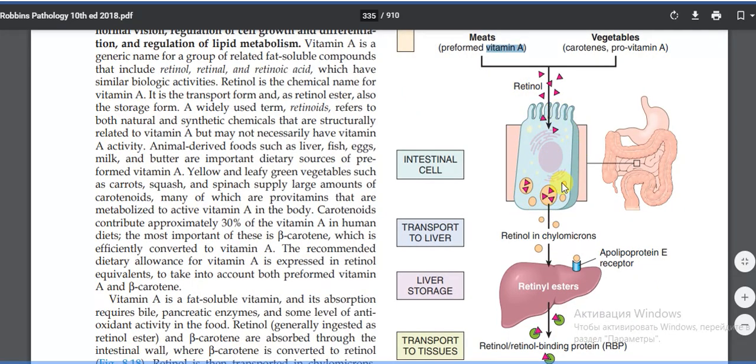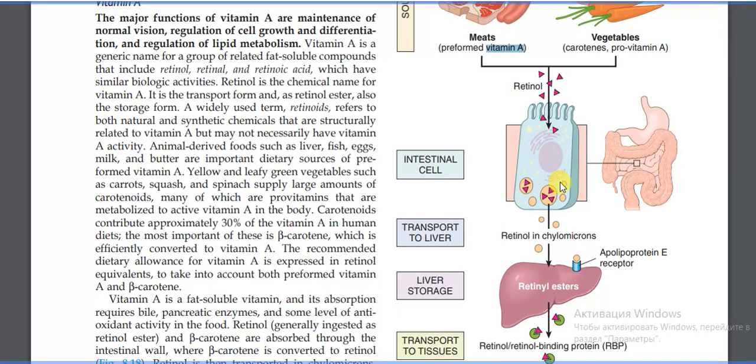As I said, retinol is a fat-soluble vitamin, so it's absorbed only with the proper work of bile secretion, because you remember bile causes proper emulsification of fat, and this emulsification allows proper absorption of retinol. Then retinol is assembled with chylomicrons, along with fatty acids and fat, and enters the liver.